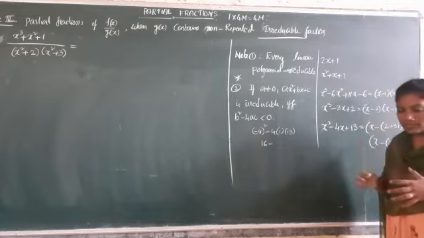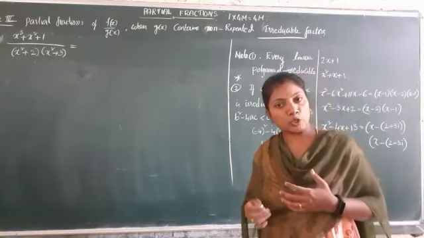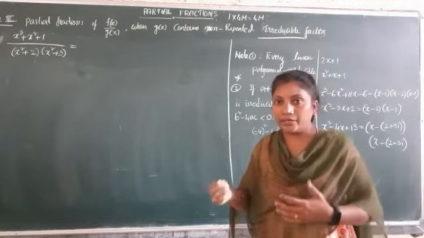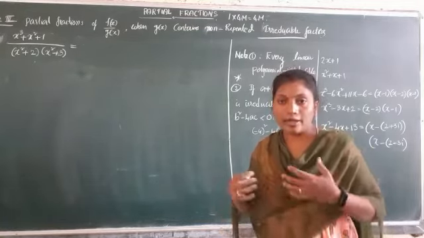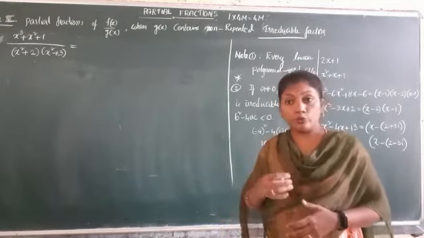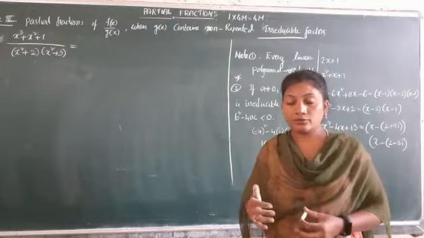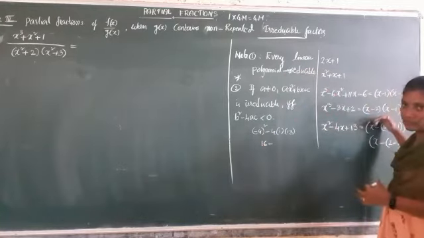So some expression, it may be a quadratic expression or cubic or any degree. If it is able to factorize into linear factors, into factors with real coefficients, then those functions are reducible functions. It is possible to reduce to the factors.